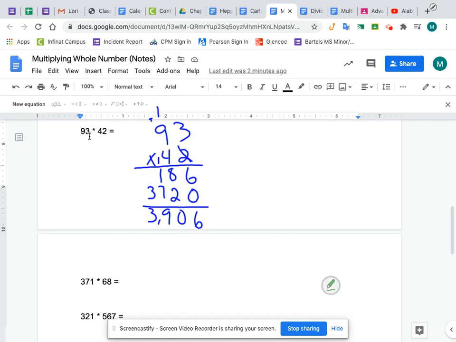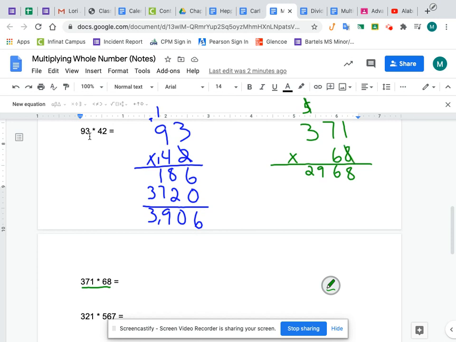I'm going to do the next problem up here, so I'm going to do 371 times 68. 8 times 1 is 8, then I get 8 times 7, which is 56. And then 8 times 3, 24, plus 5 is 29. I like to cross this out.